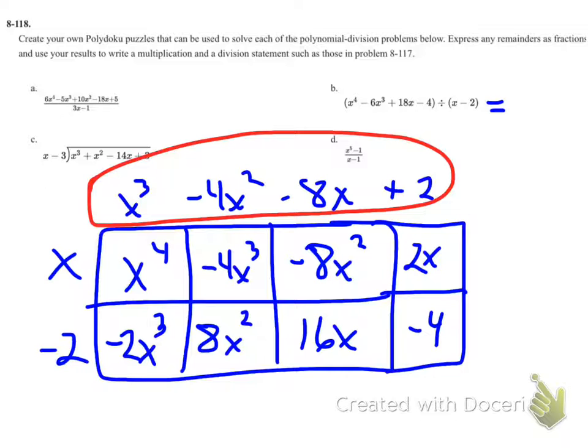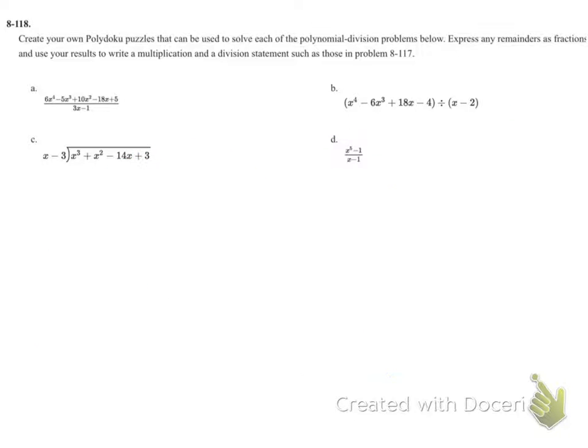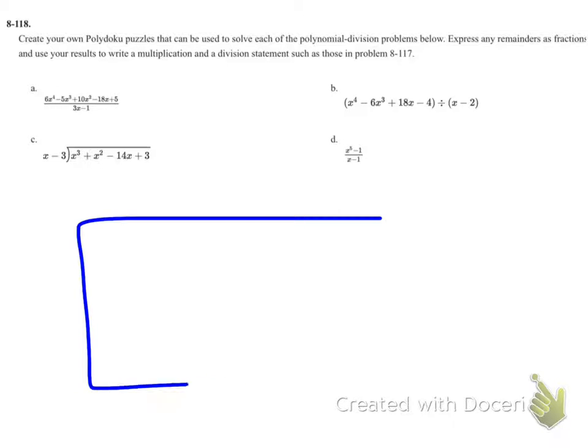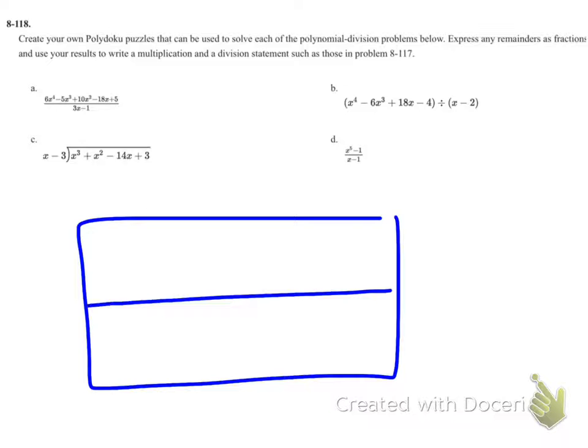Problem C. Go ahead, set the problem up, pause this, and try it out. All right, it's set up as looking like long division, but I'm still going to set it up the same way. So I have my x to the third, putting an x squared up top.